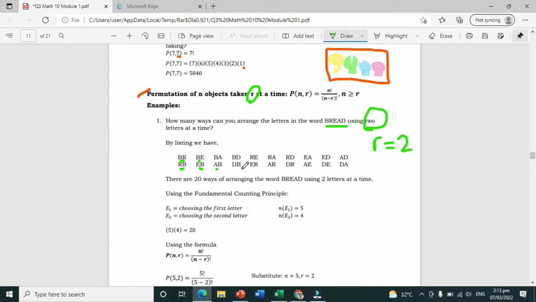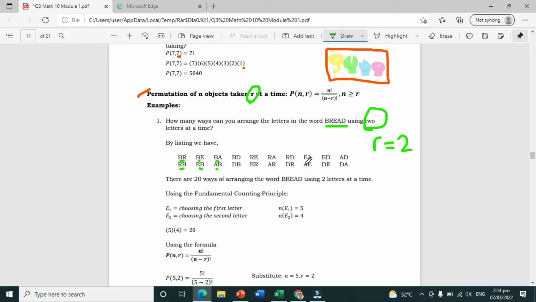Pwede. Or AB. Baliktarin natin, BA, pareho lang. No, nga nandun sa word na B-R-E-A-D but different yung kanilang ways. O, BD. Pwede rin DB, RE or ER, RA or AR, RD or DR, EA or AE, ED or DE, AD or DA.